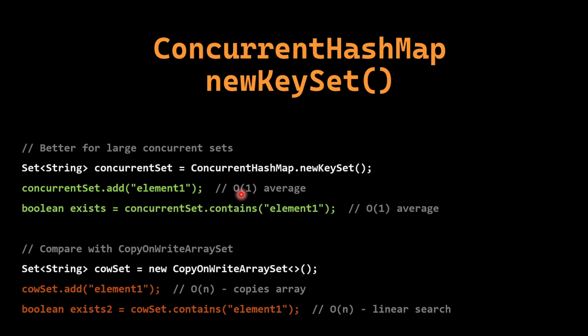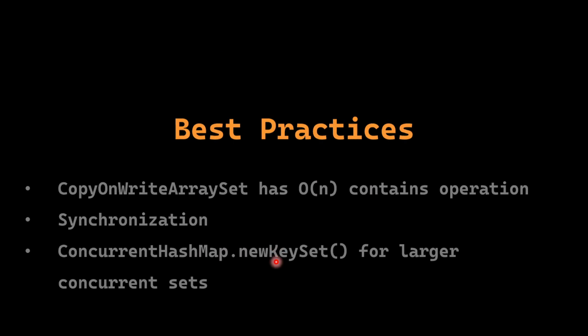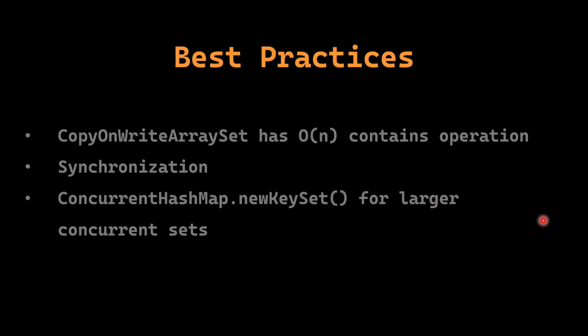Now let's discuss critical best practices. First, understand that CopyOnWriteArraySet has O(n) contains operations, which makes it unsuitable for large sets with frequent membership tests. Second, always synchronize the entire iteration block when using synchronized collections.